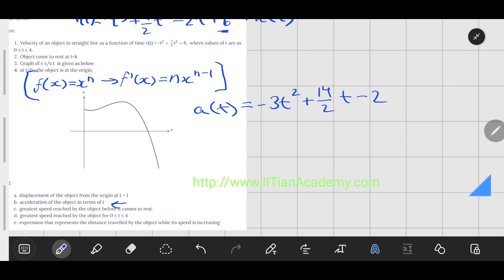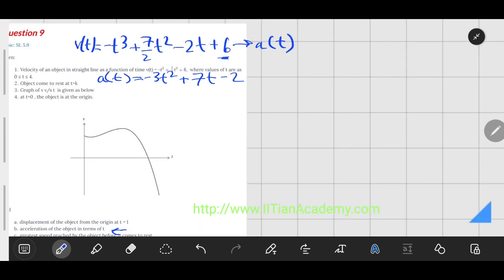Now for the next question, it asks, what is the greatest speed reached by the object before it comes to rest? We can solve this by setting our equation to 0 and solving for the two roots of the equation. We can either use the quadratic formula, or we can factor this equation above.